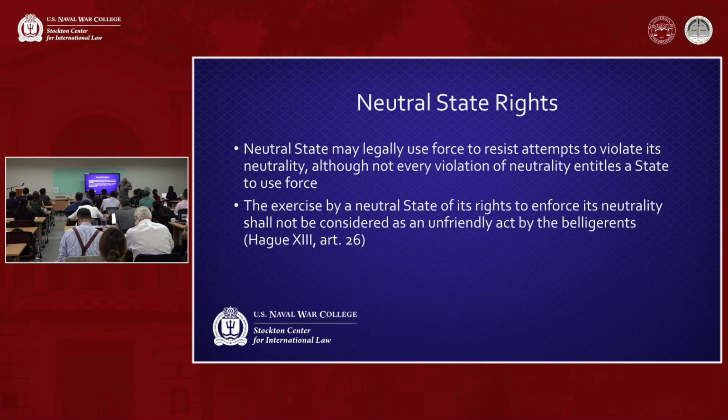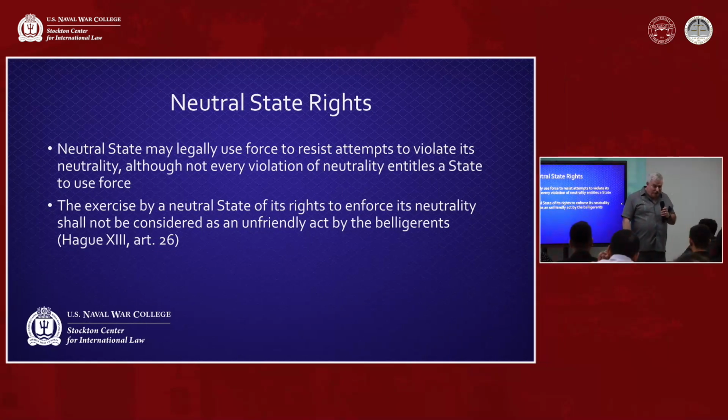With regards to the rights of the neutral state, they may use force to resist attempts to violate their neutrality. So, for example, take a belligerent warship loitering in the territorial sea, in an archipelagic sea lane, or in an international strait. The neutral authorities inform the belligerent to leave because they are violating their neutrality.